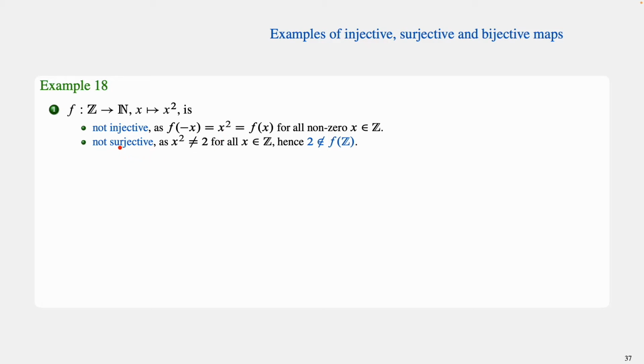It is also not surjective because, just as one example, there is no input value x in the integers that would get mapped to the natural number 2. So 2, even though it's a natural number, is not contained in the image of f, so f is not surjective.